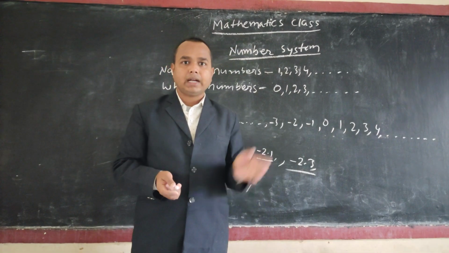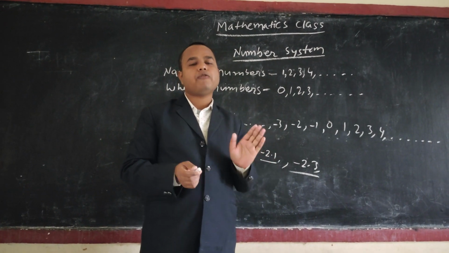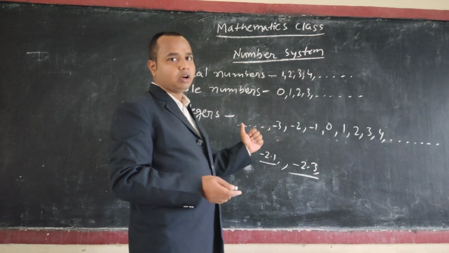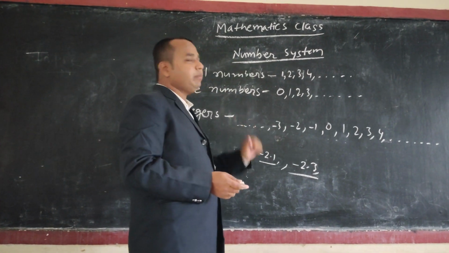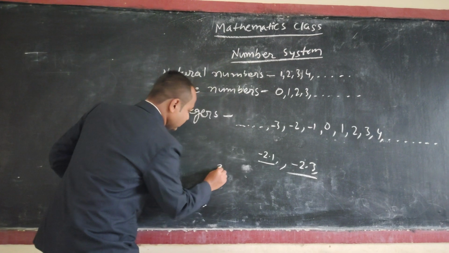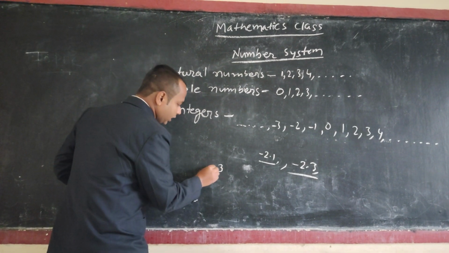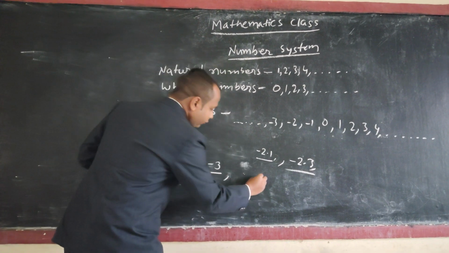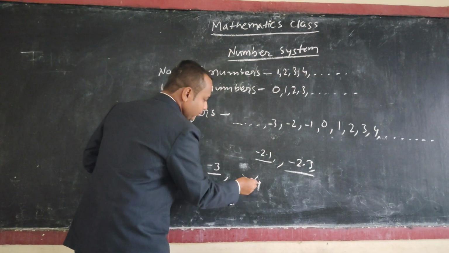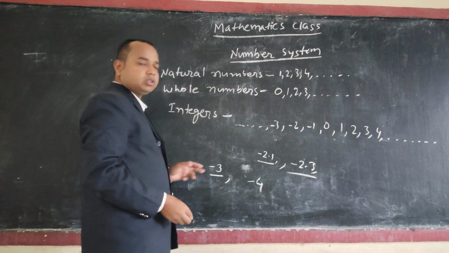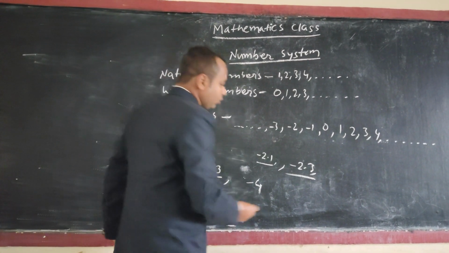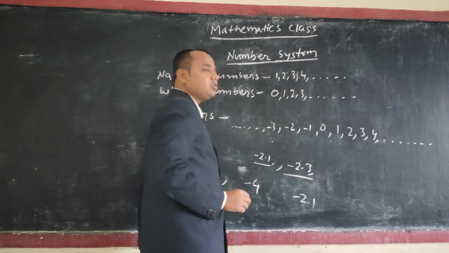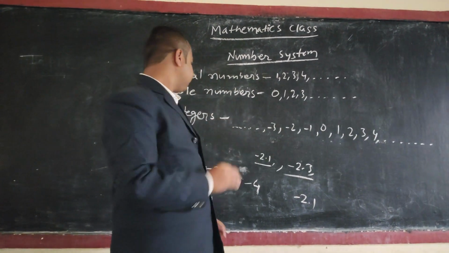If we put a negative sign before any natural number or any whole number, it will make an integer. Like 3 is a whole number, so if we put a negative sign, minus 3 is an integer. 4 is a whole number, so with a negative sign, it is an integer. We know that 2.1 is not a whole number, so that's why minus 2.1 is not an integer.